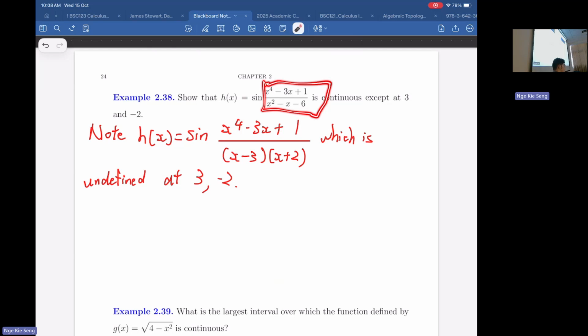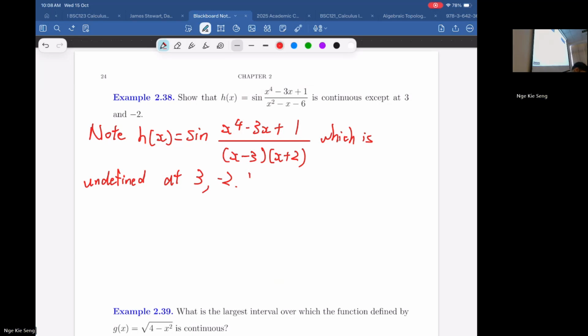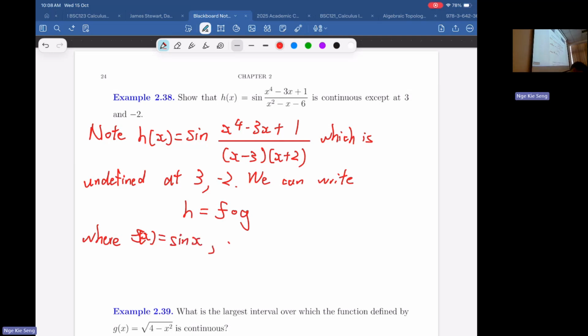Rational function. So there are two types of function here, and you can think of this as a composition. We can write h(x) as f of g of x, where f(x) equals sine x, and g(x) is the rational function.